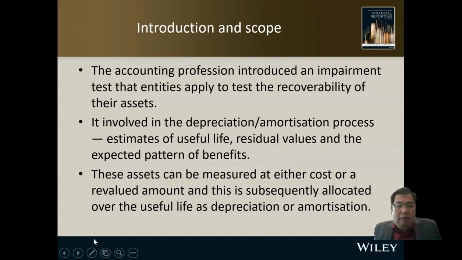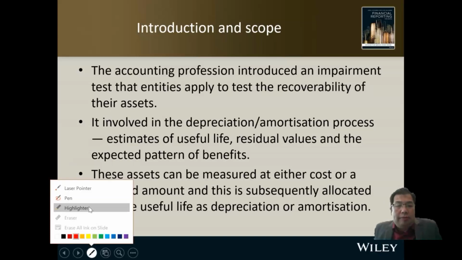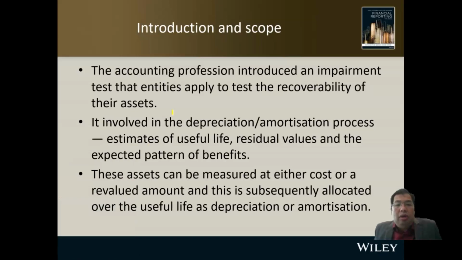So it involves a process where we normally calculate depreciation for the asset, and for the intangible asset we provide amortization. That calculation is based on the estimated useful life and residual value of the asset.